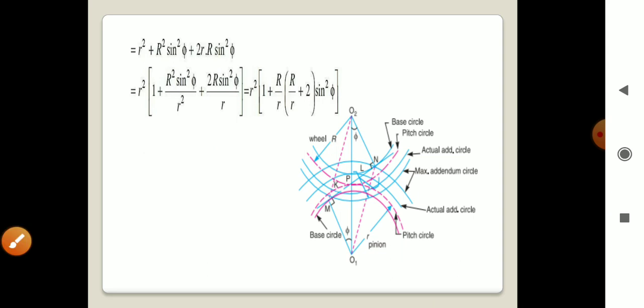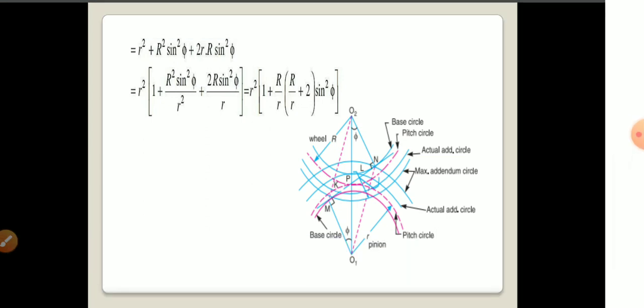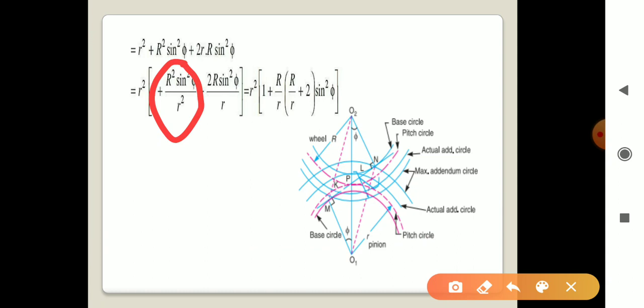So we get small r square into bracket 1 plus capital R divided by small r into bracket capital R divided by small r plus 2, into sine square of phi. That means some adjustment is there, and from this equation capital R divided by small r and sine square of phi are common. So we got this equation.